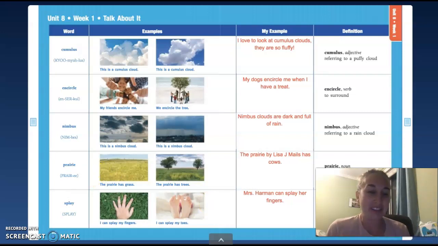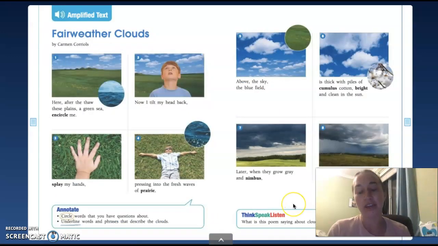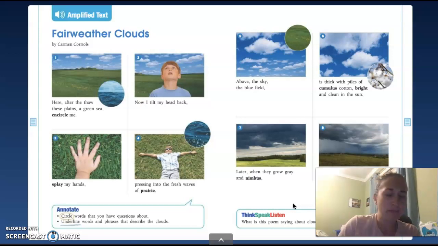All right, my friends, we're going to go ahead and go forward 2 pages. And remember, the title of the poem that we're reading is called Fairweather Clouds. Now, do you guys remember what Fairweather Clouds was about? Go ahead and take a moment and talk about it with mom and dad, and let me know what you remember about Fairweather Clouds. What I remember from Fairweather Clouds is that some clouds are cumulus clouds and some clouds are nimbus clouds.